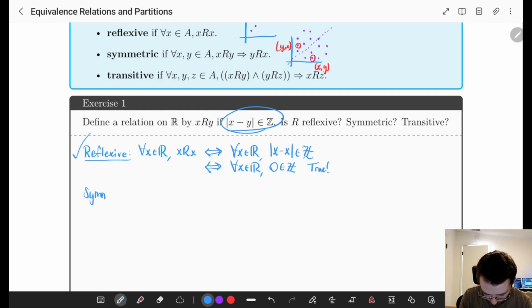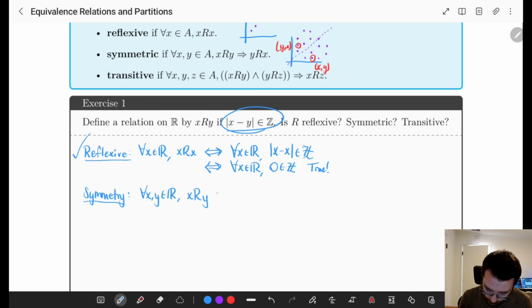Symmetry. Well, symmetry is actually an implication. So I can start with arbitrary x and y in the real numbers in this case, and then I can assume x is related to y. For all x and y in the real numbers, this is basically me saying, let x and y be real numbers and assume x is related to y.